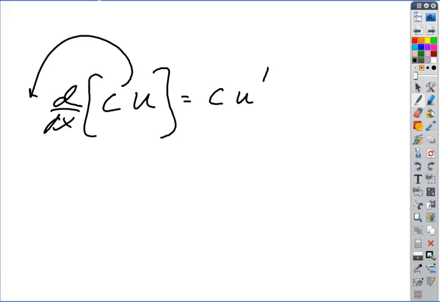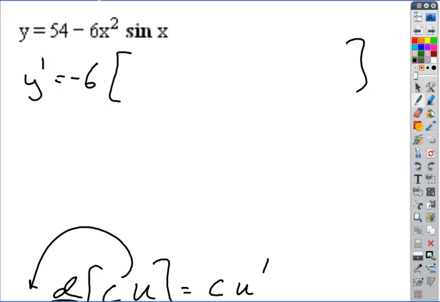So now we've got to differentiate this product. So how's that go? First times the derivative of the second. I could do 2x, the derivative of the first. That's fine. I usually like to do the first factor times the derivative of the second plus, just so we're consistent. So what's the derivative of sine?